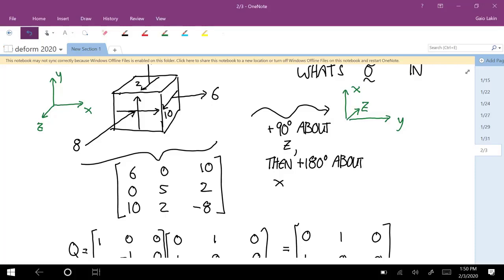So on the back, we have an x component in the negative x direction of 2. So negative 2. And then in the y direction, it would be the opposite direction. So it would be negative 6.